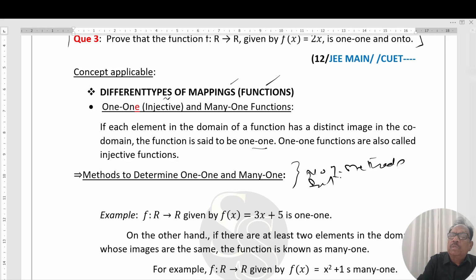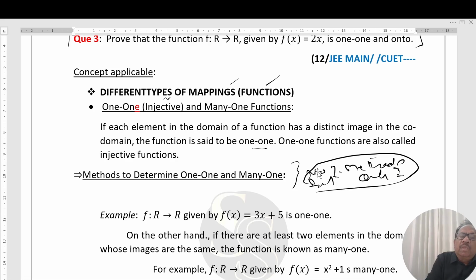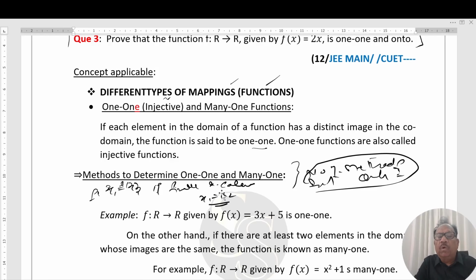But here I will discuss only one method, and the remaining will be discussed in another session. In this case, take f(x1) equal to f(x2).